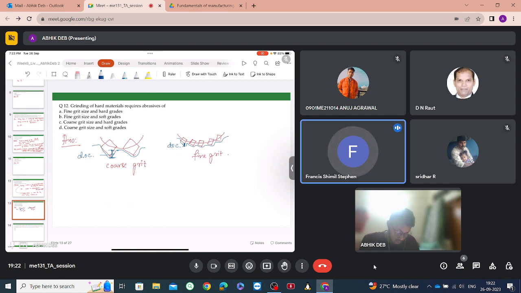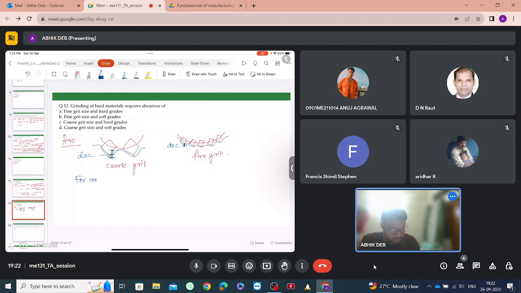We need more force if we use the coarse grit for the hard material. Yes, exactly. So for coarse grit, depth of cut is higher than fine grit.